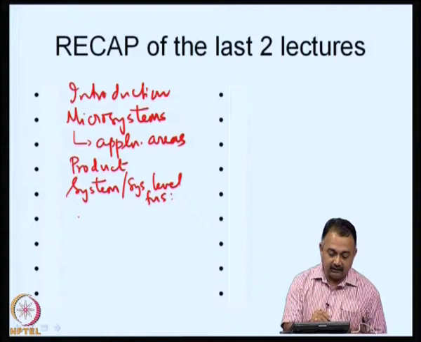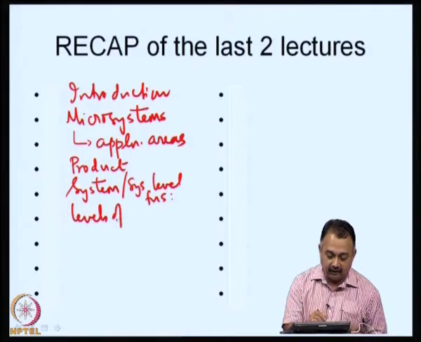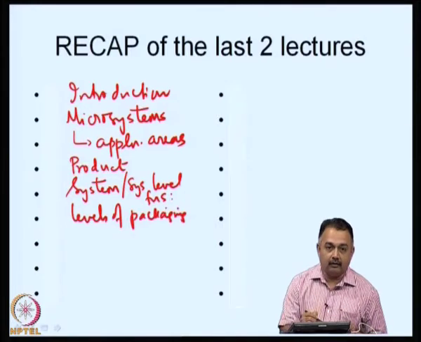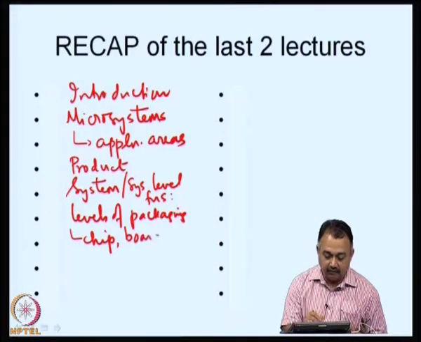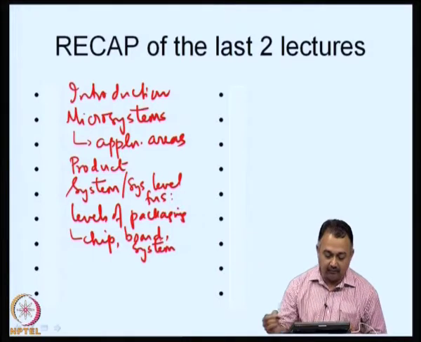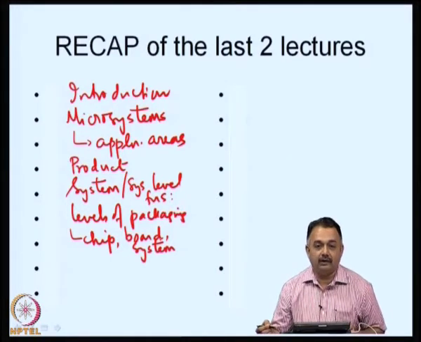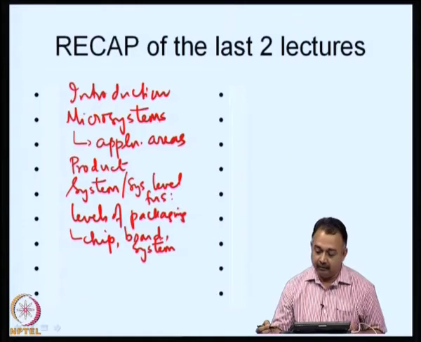Then we have briefly seen the levels of packaging: chip level packaging, board level packaging and system level packaging, what they mean. Of course, we are going to see these terms in much more detail.